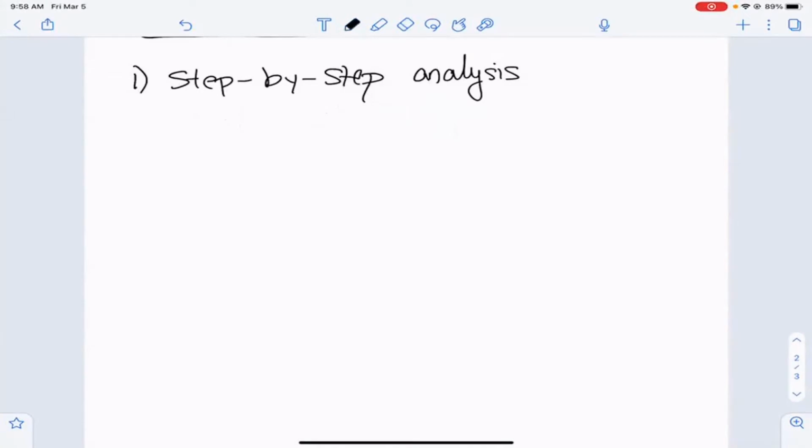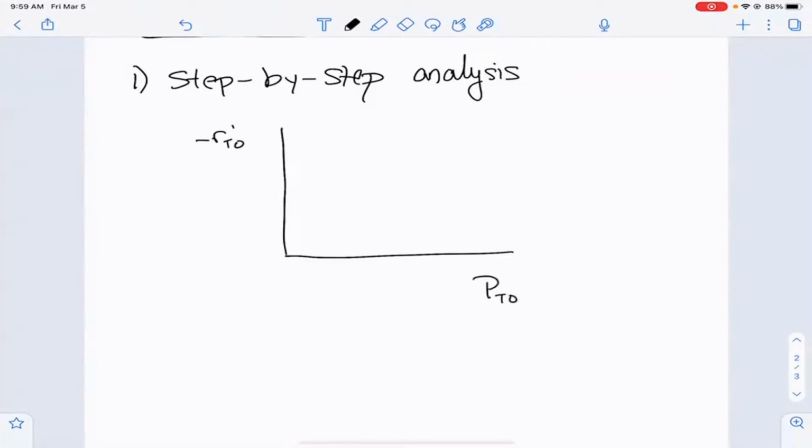Okay, and a lot of times, the old school methods relied on plotting and relied on us being able to make reasonable simplifications to data, and then to plot them, and then to extract parameters from that data. So let's do that. In the step-by-step analysis, the first thing that we're going to take advantage of is the fact that if it's a surface limited reaction, the initial rate plotted against the initial pressure goes up and flattens out.